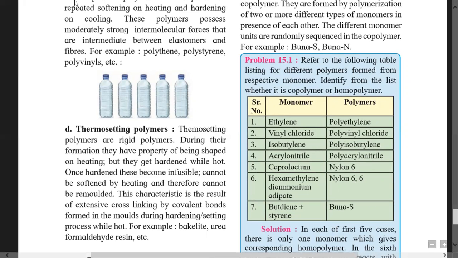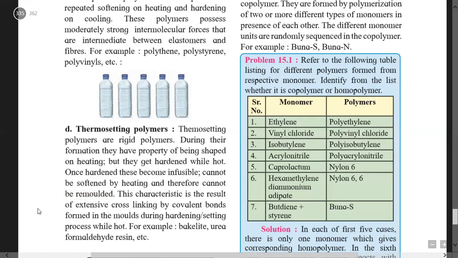Once thermosetting polymers are hardened, they become infusible and cannot be softened by further heating. Therefore they cannot be remolded, and the shape cannot be changed.